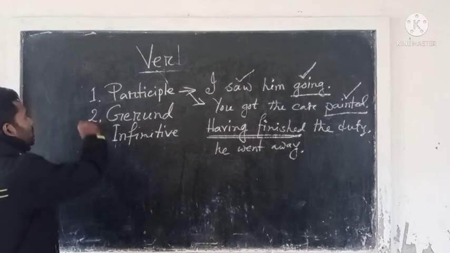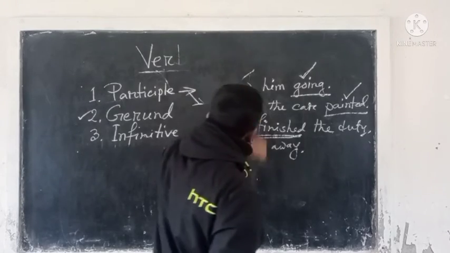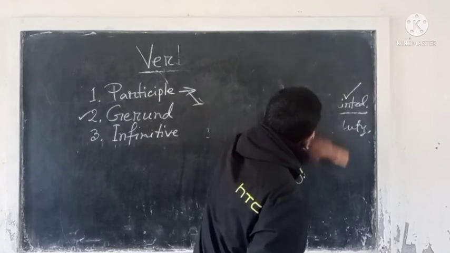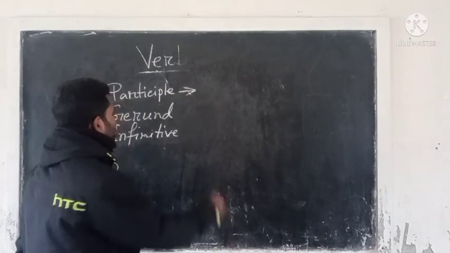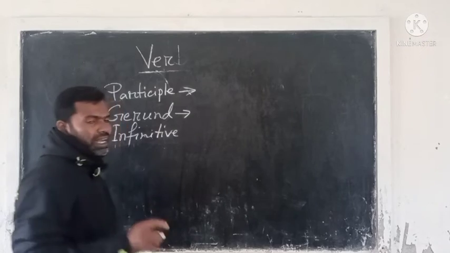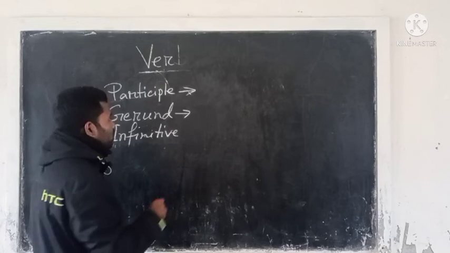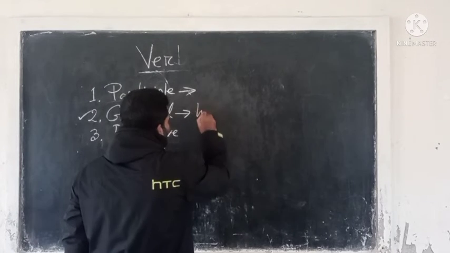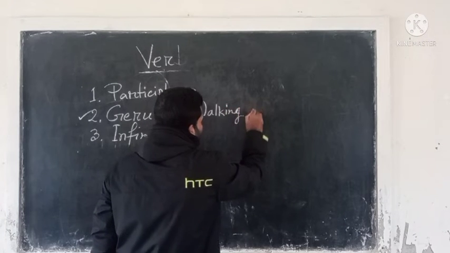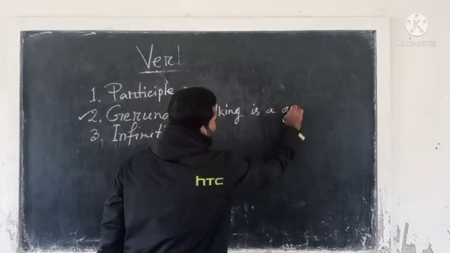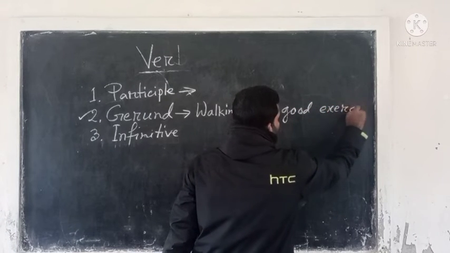Then we will discuss gerund. The verb form taking ing form but acting as a noun and verb is called gerund. That means, walking is a good exercise.